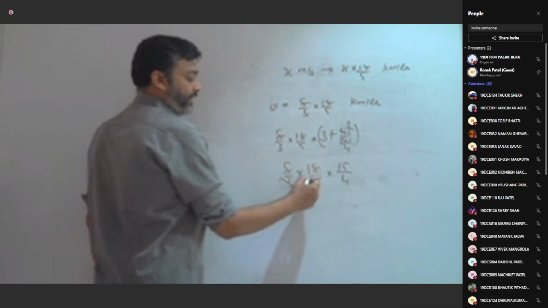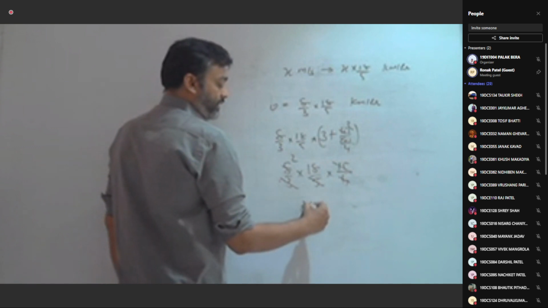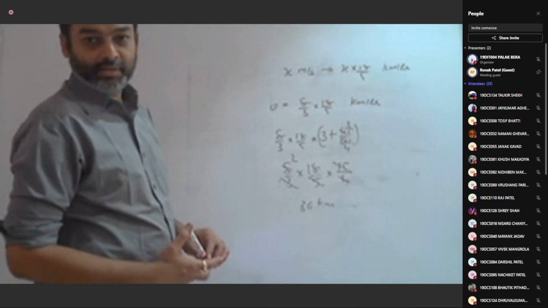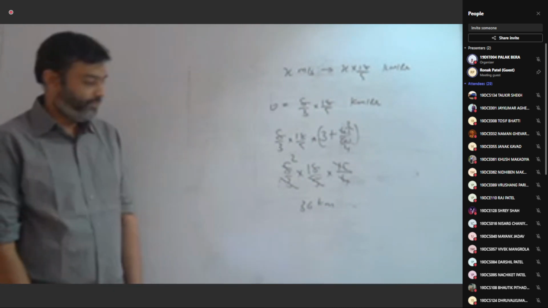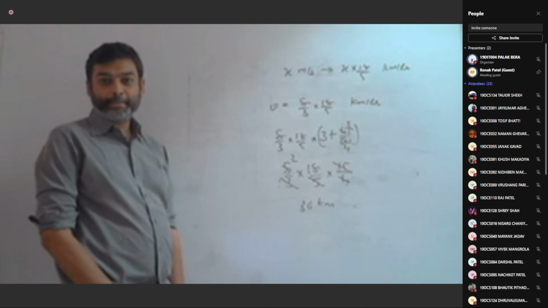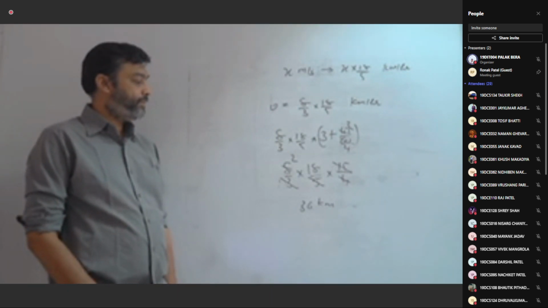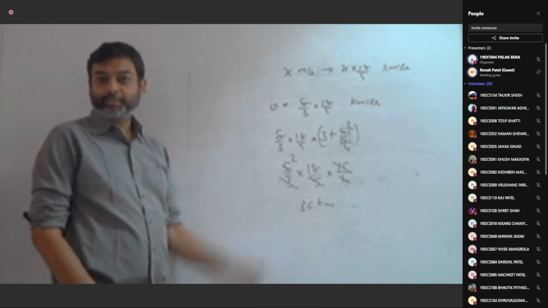Now we can simplify, right? And 4 2s are 8. So total 36 kilometer. The distance travelled is 36. So answer is none of this. Clear everyone? Should I explain again or is it clear everybody?